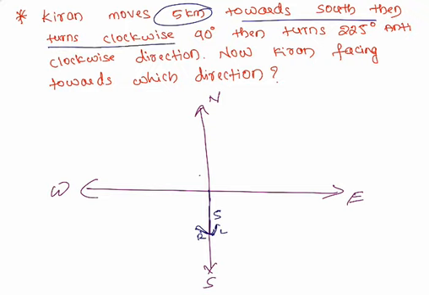Then he turns clockwise 90 degrees. Clockwise 90 degrees means this. Now he comes here. Then he turns 225 degrees anti-clockwise.